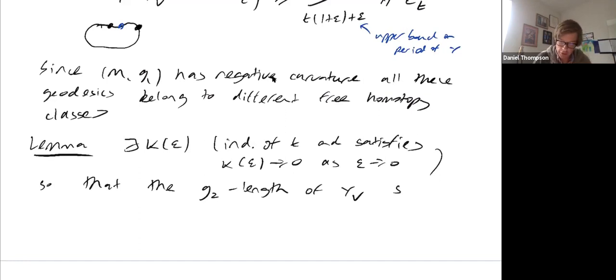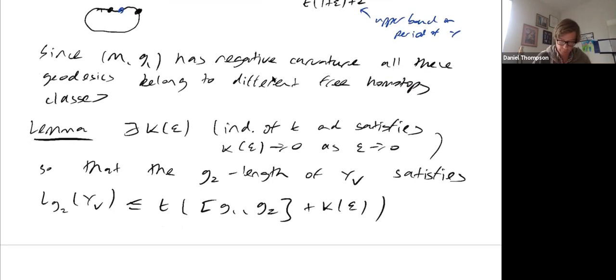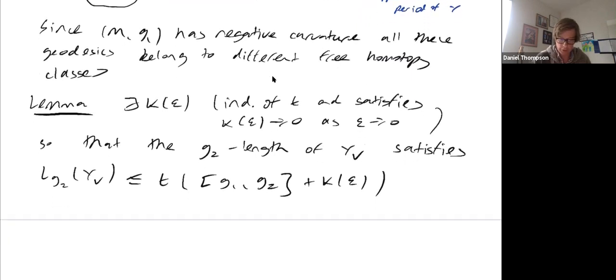And I'm claiming that the G2 length of one of these things satisfies L_G2 of gamma_V is less than or equal to t times the G2 norm plus k epsilon. This is going to be the key thing that makes everything work. And I think the proof is going to make clear why this is true.